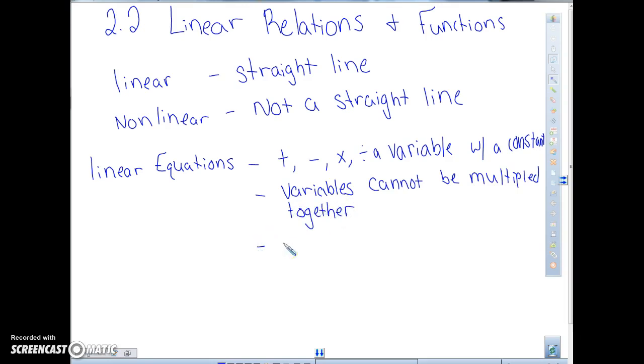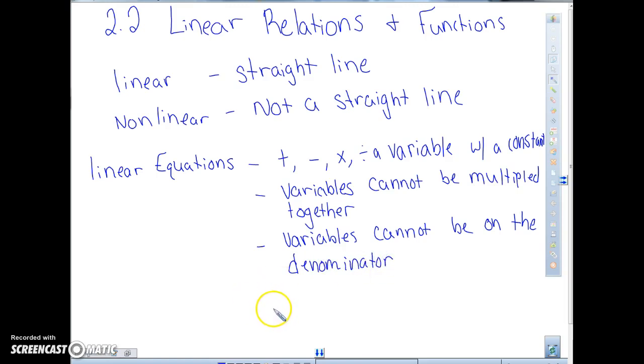The third thing is variables cannot be on the denominator. The fourth thing, the variables must have an exponent that equals 1.